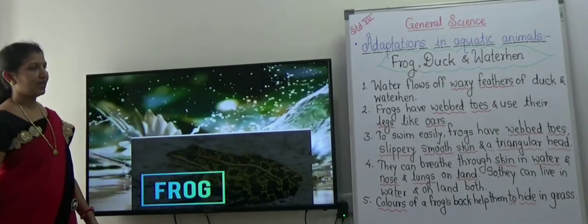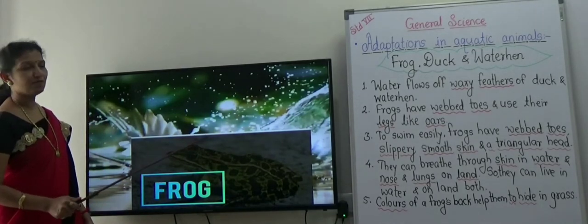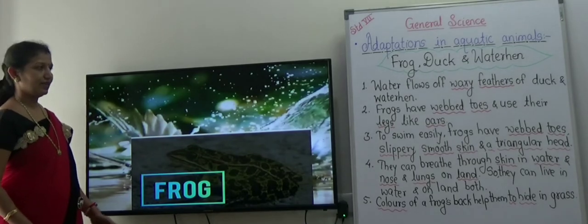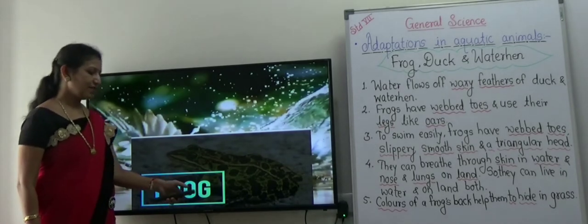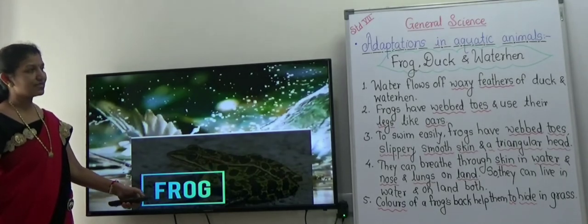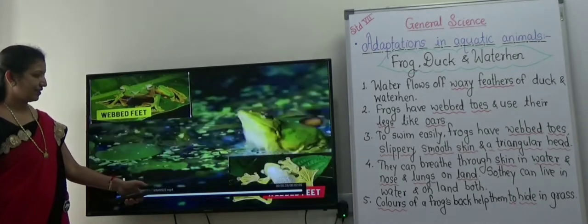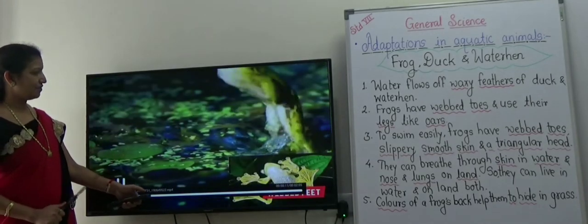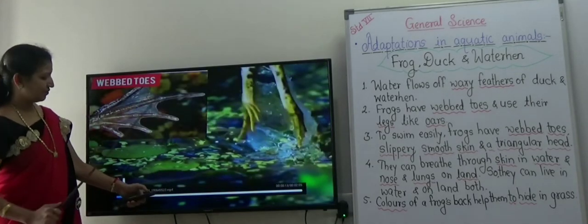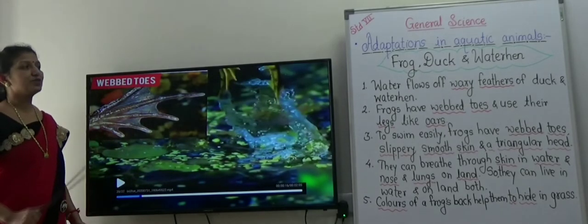Now the next animal is frog, and in that we will see the structural modifications in frog. First of all, they have webbed toes as well as webbed feet. See how these webbed toes help them.